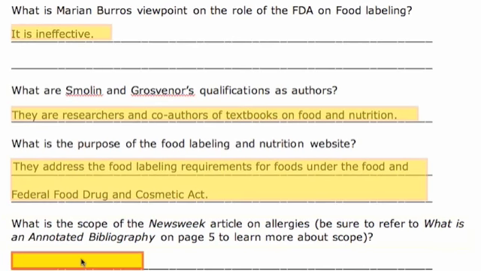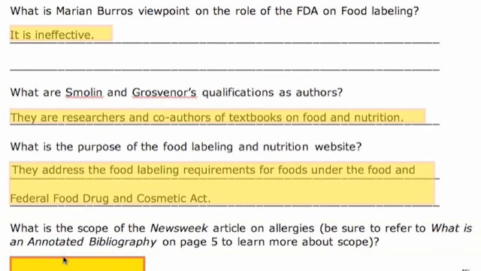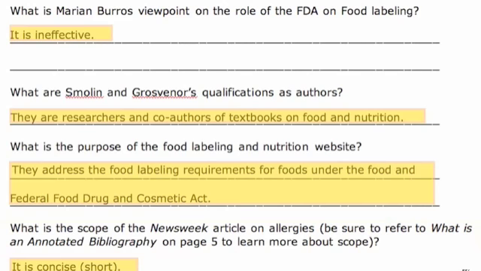They address the food labeling requirements for foods under the Federal Food, Drug, and Cosmetic Act. And what is the scope of the Newsweek article on allergies? Be sure to refer to what is an annotated bibliography, we reminded you. Scope means, is it short and long or concise or in-depth or comprehensive? So in this example, it specifically said it is short.